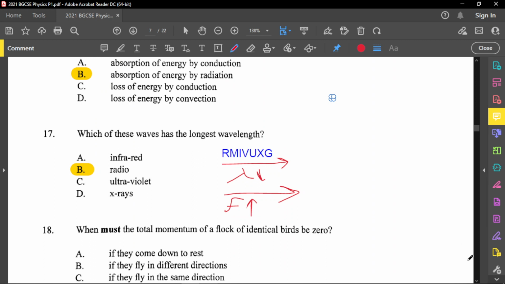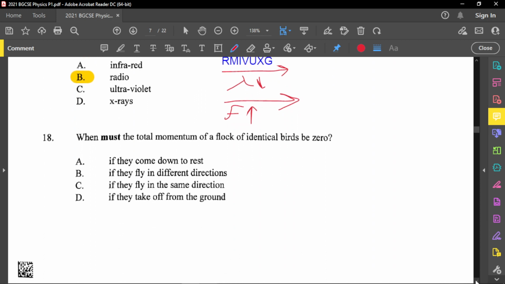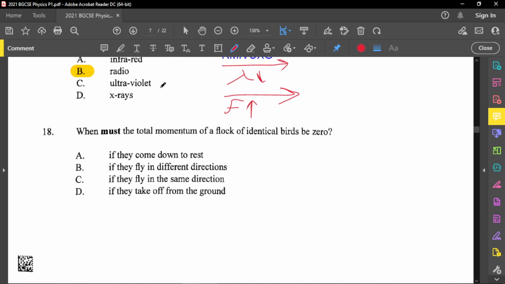For number 18, it says: when must the total momentum of a flock of identical birds be zero? It says if they come to rest, and of course, anything at rest must have a total momentum of zero because it's not moving, because momentum is actually mass times velocity.